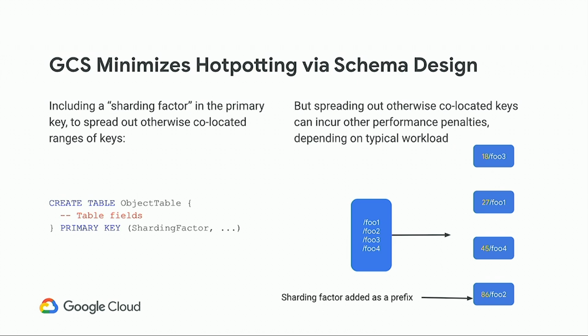So you can basically compute a hash maybe over the contents of your primary key and prefix the actual primary key with that hash. It's going to have the effect of spreading out otherwise co-located keys much more widely, and that spreading is going to cause these keys to tend to fall into different Spanner splits, which will improve your ability to scale.